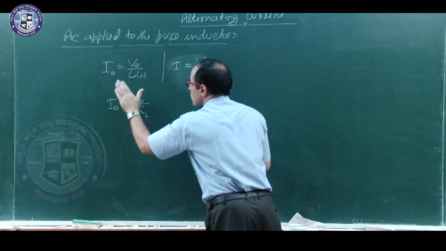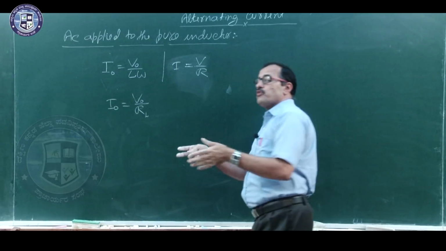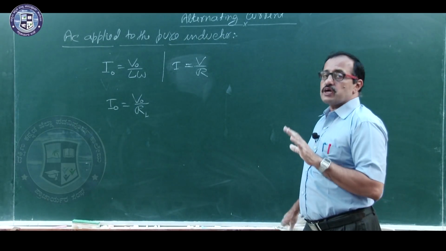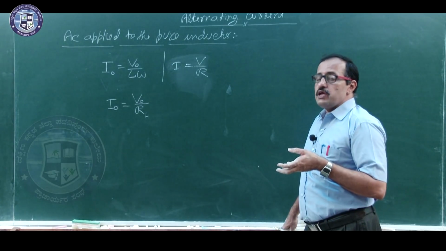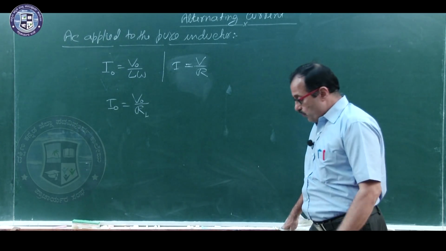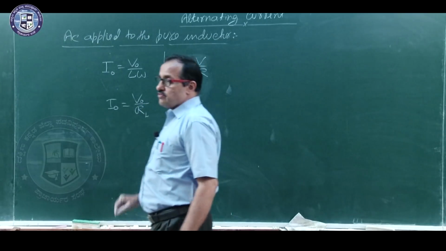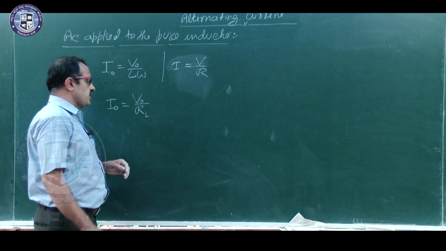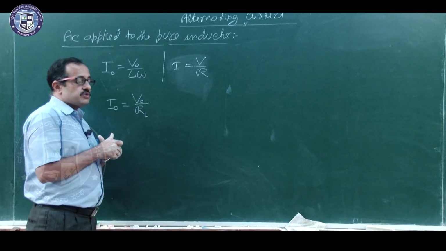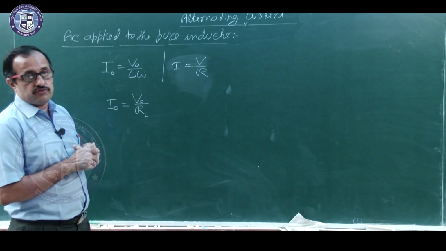But here you have got only one property, what is that? Opposing. It opposes the current, but pure inductor cannot produce any heating effect. Therefore, we can't say that it is resistance. If you use the word resistance, it is confusing, hence we change the term.